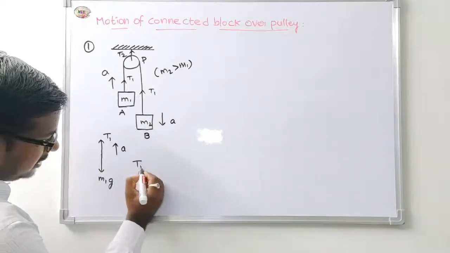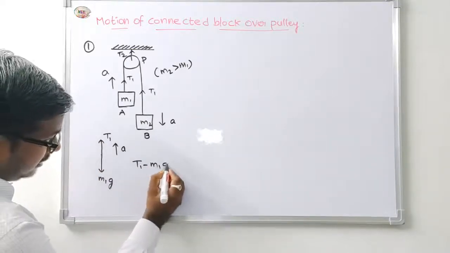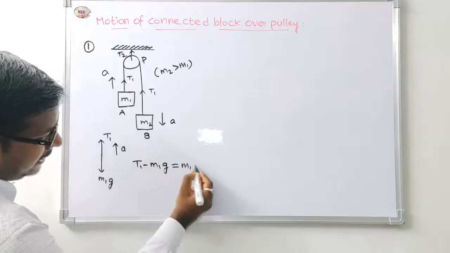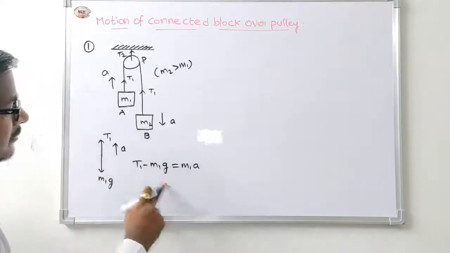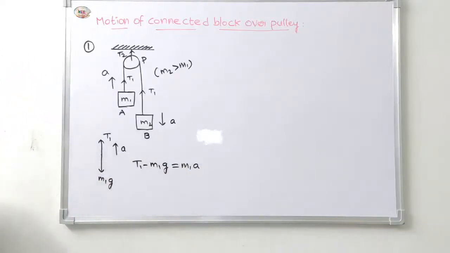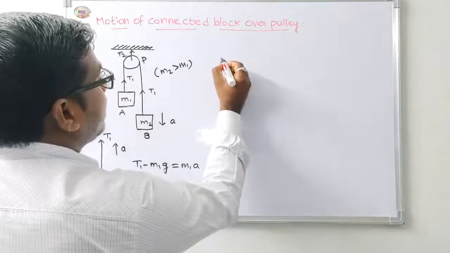First write T1 minus M1G is equal to M1A. This is the first equation. The second one, take block M2.